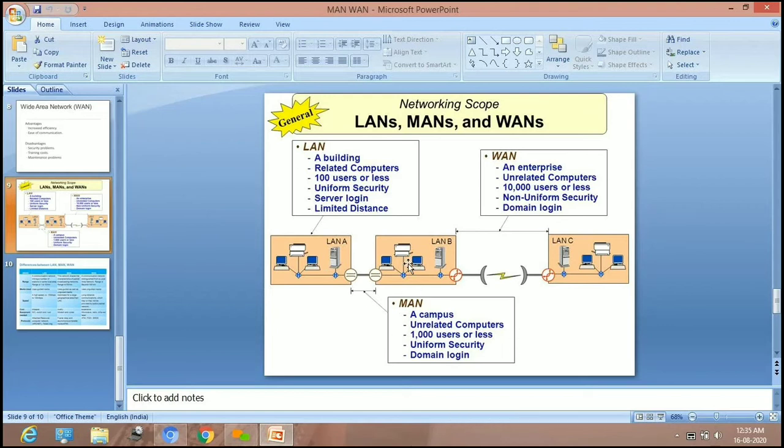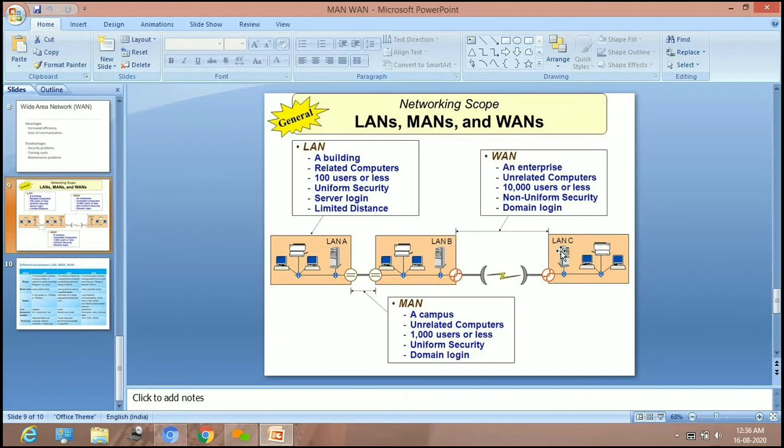Then for MAN, we can connect 3 or more LANs together, and it is confined to a campus. The unrelated computers don't know about each other. The range of users increases up to 1,000. There is also uniform security, because if it is being used inside a campus only, then the security will be uniform, and domain login is possible.